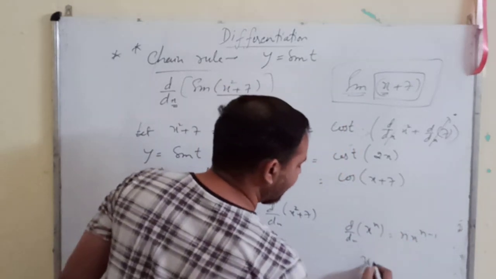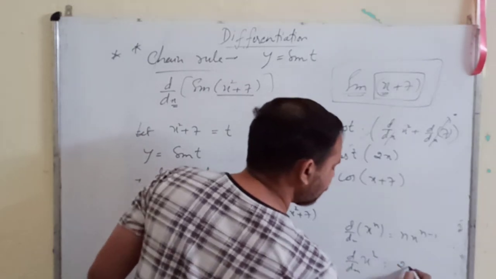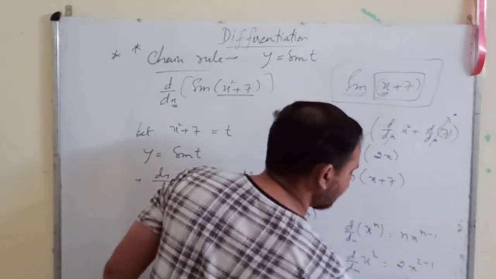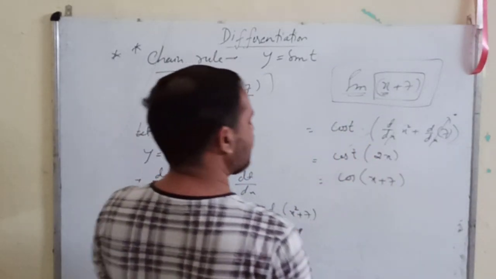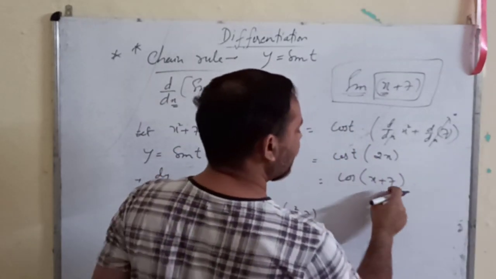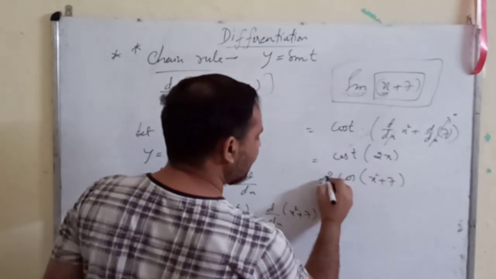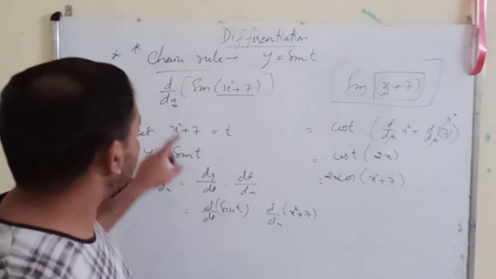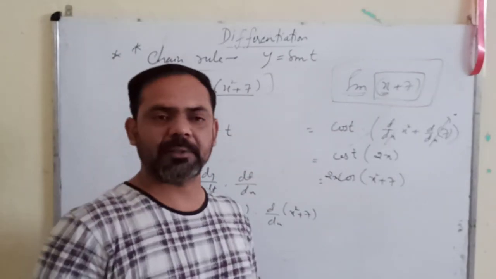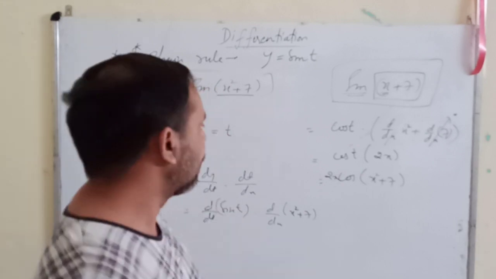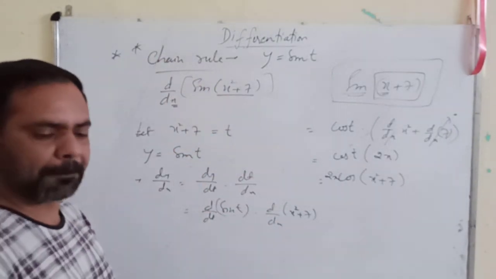So d by dx of x square is 2x, 2 minus 1, so it is 2x. So now cos t and this 2x will be multiplied here. So the derivative of sine of x square plus 7 is 2x into cos of x square plus 7. This is your chain rule and this is very important.